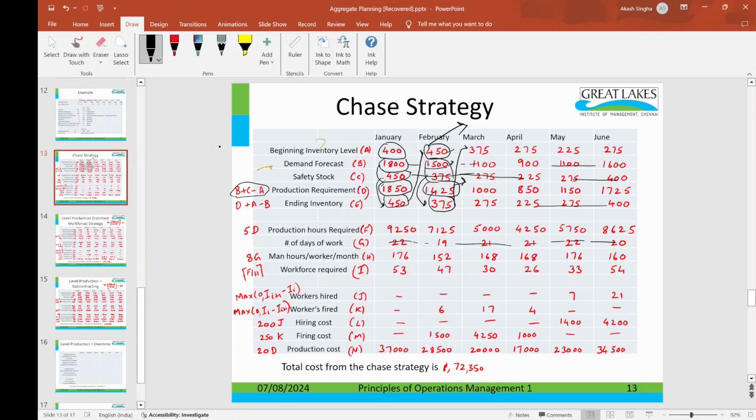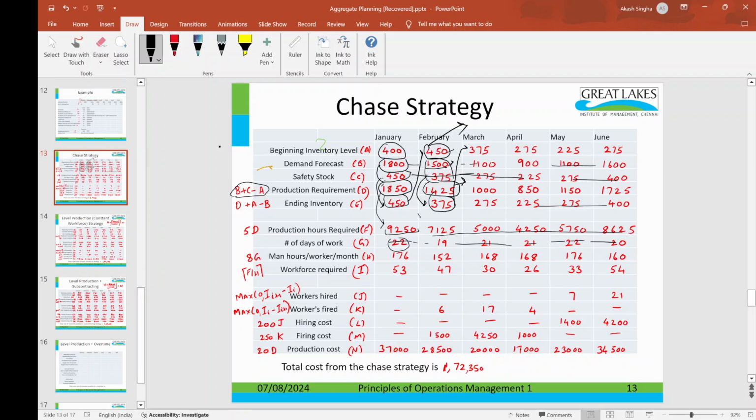Now production hours required, it is given that for each unit produced you need 5 hours. So 1850 is needed to produce. So how much production hour needed? Into 5, similarly do for all of it. Then number of days of work for the month is given. So how many man hours are there in the month per man? A single man works for 8 hours per day, 22 days are there.